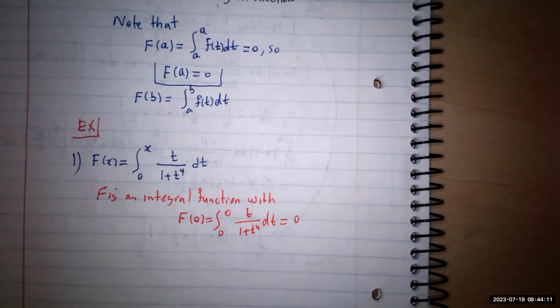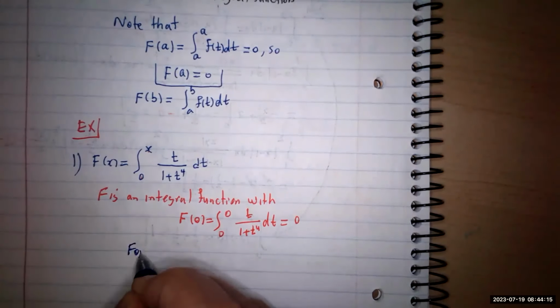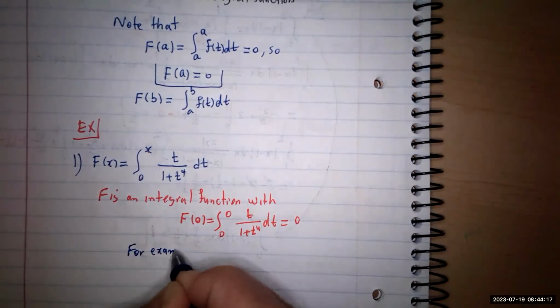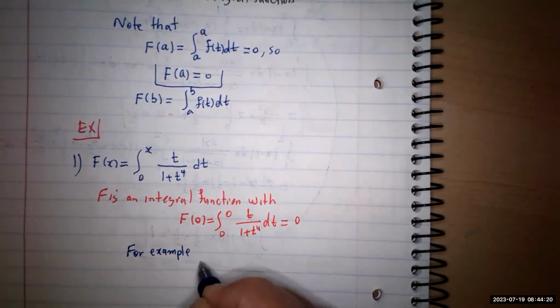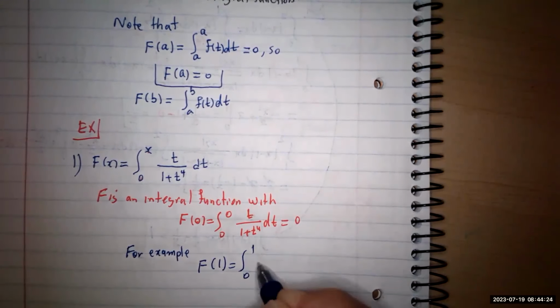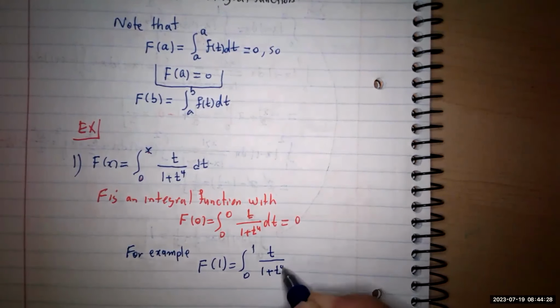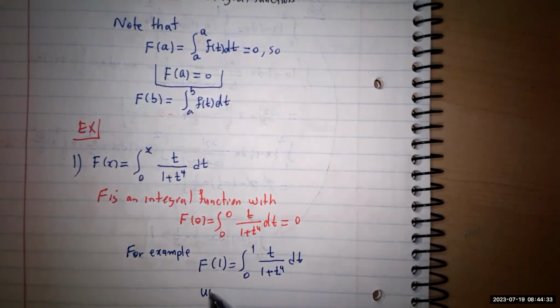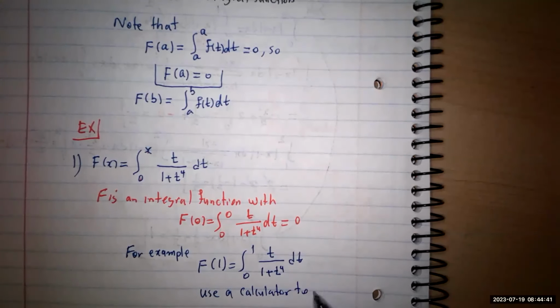Or any other number, for example, if you want to find f of 1, that would be the integral from 0 to 1 of t over 1 plus t to the 4th dt. You can't do it. You can only use your calculator to estimate it.